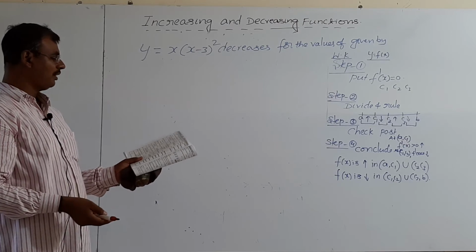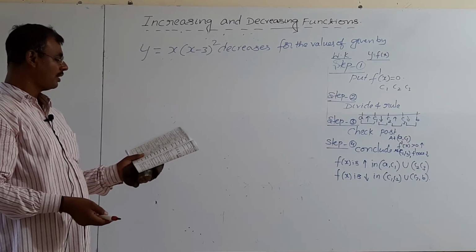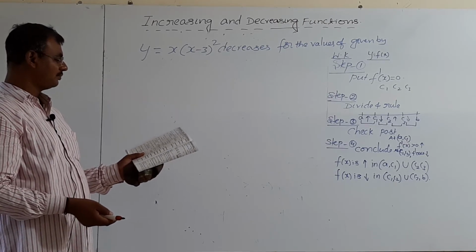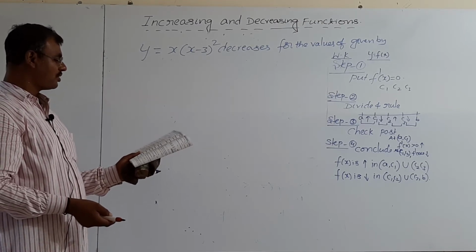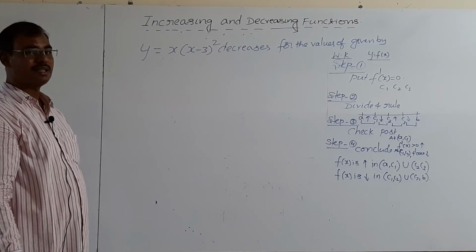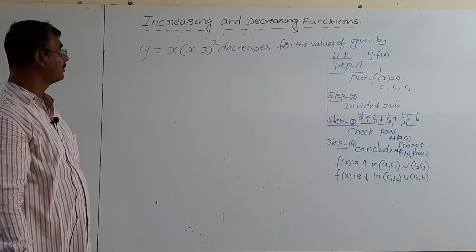X lies between 1 and 3. X is less than 0. X is greater than 0. X lies between 0 and 3 by 2. This is an NCERT exemplar question.